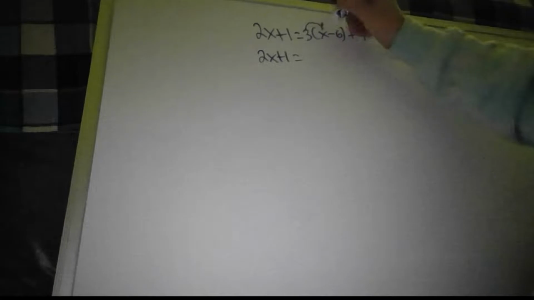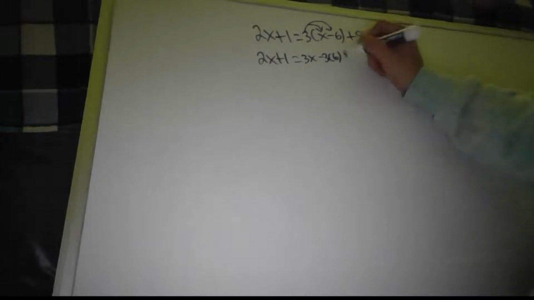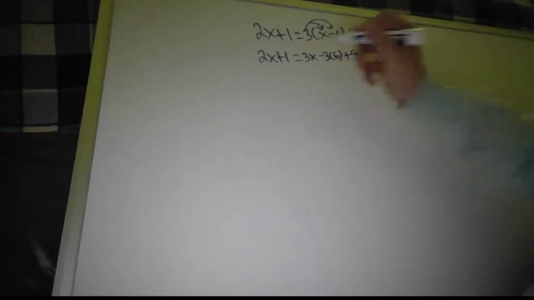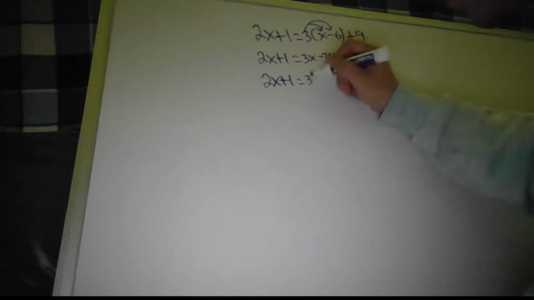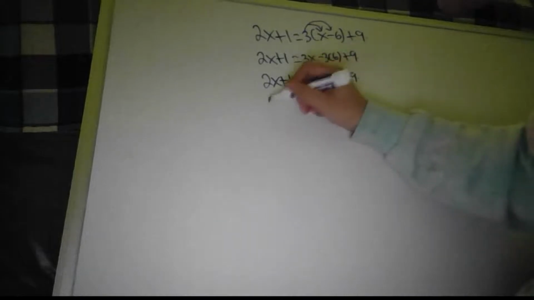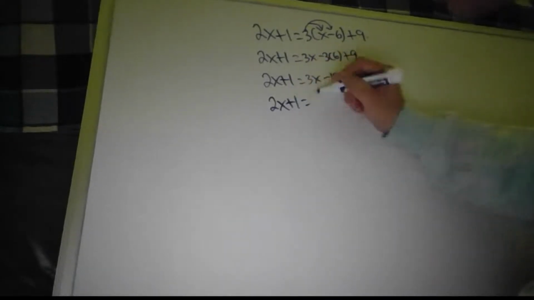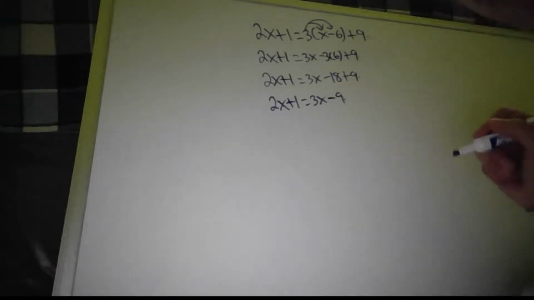We're going to distribute our 3: 3x minus 3 times 6 plus 9, right? 2x plus 1 equals 3x minus 18 plus 9. 2x plus 1 equals 3x minus 9, right?